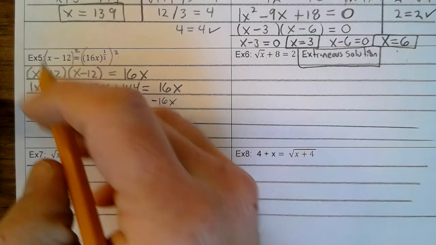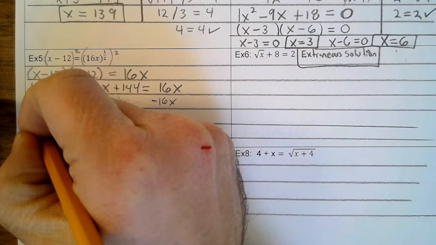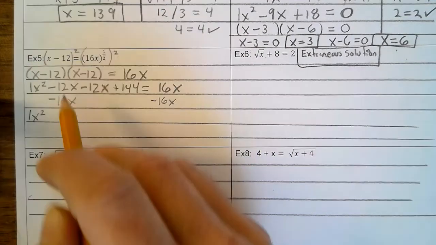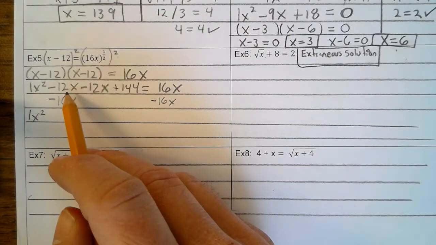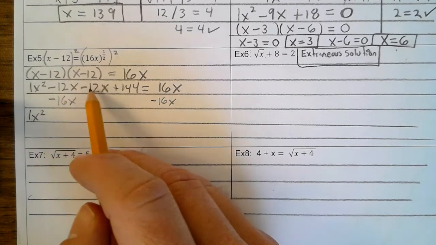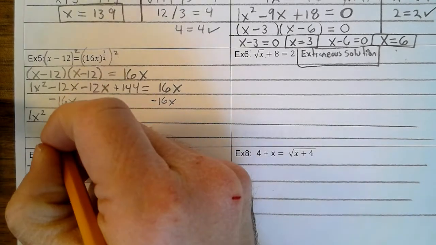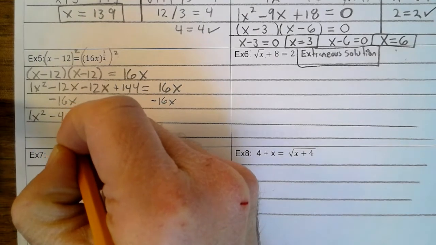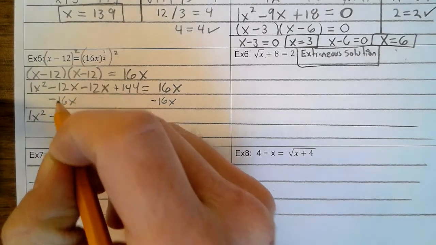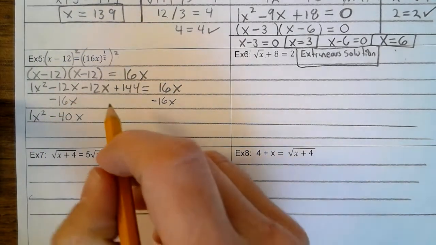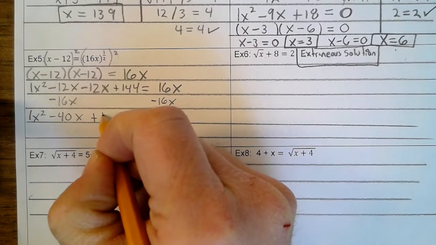That's, let's see, -24, -40x. And then that's plus 144 equals 0.